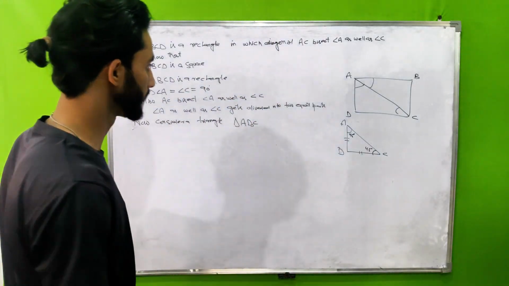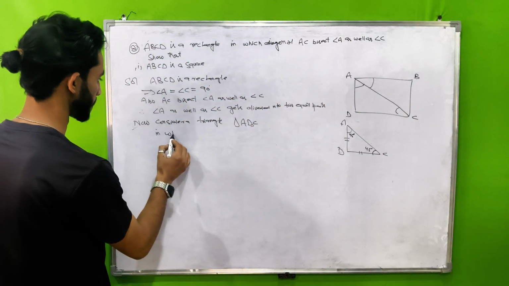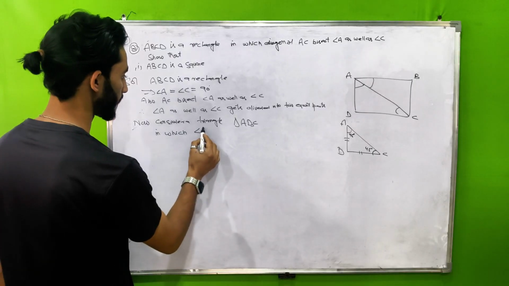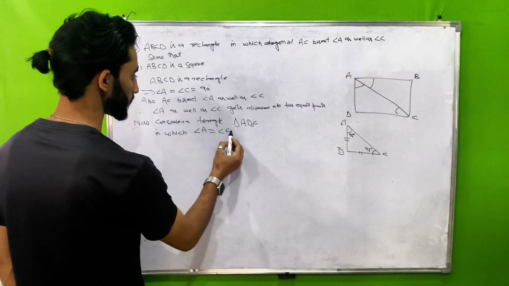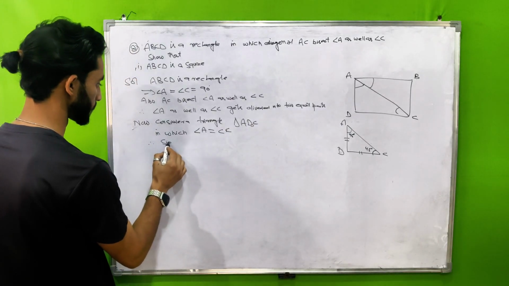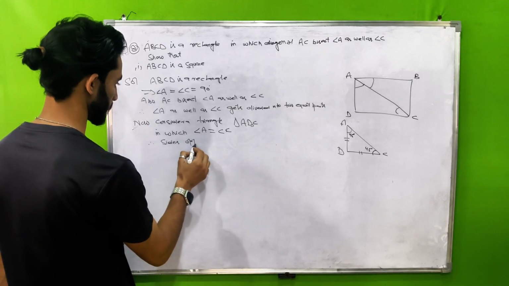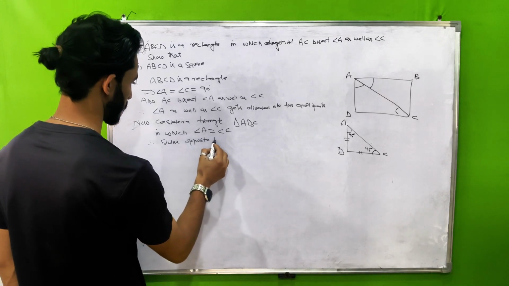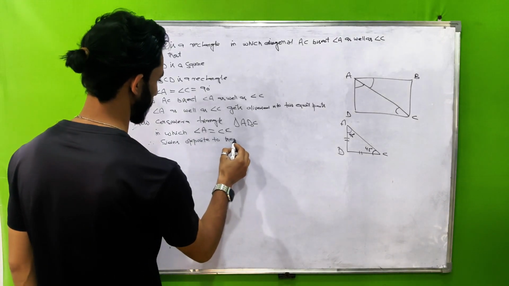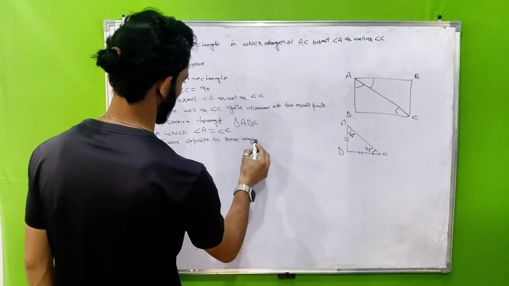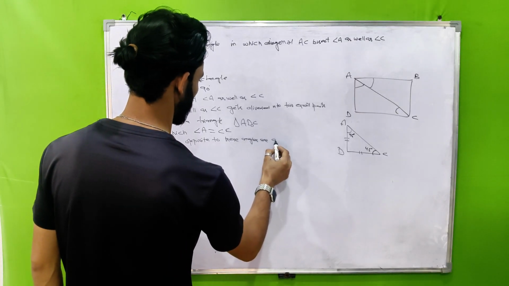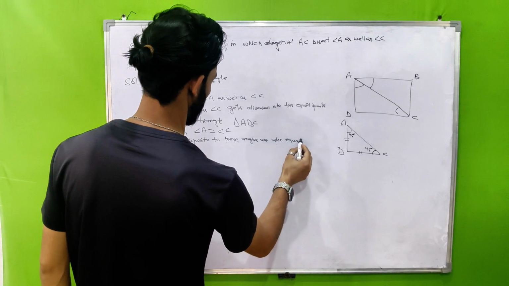Now consider triangle ADC in which angle A is equal to angle C. Therefore, sides opposite to these angles are also equal.